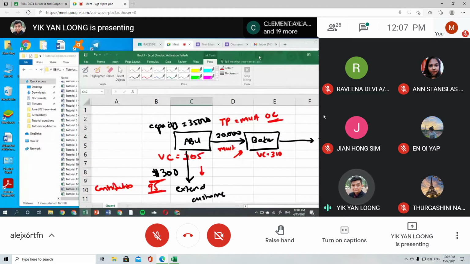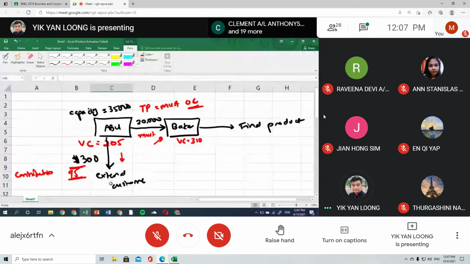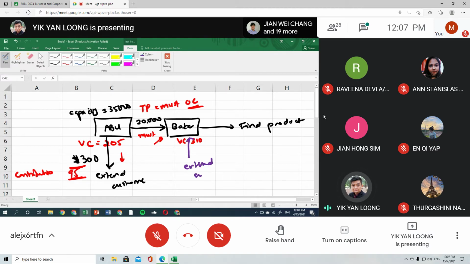Bakar will now buy from the external supplier at 230. So all the 20,000 units by Bakar will be purchased from the external supplier. So there will be no more relationship between Abu and Bakar.